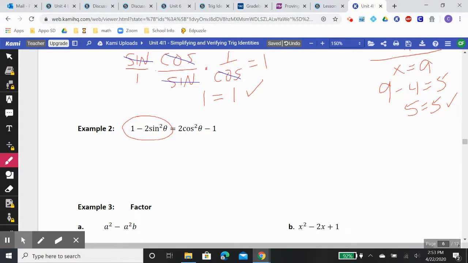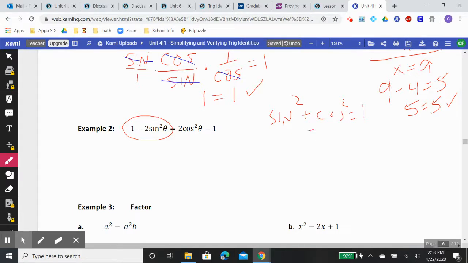So when I see my sine squared and cosine squared, I'm definitely thinking about my Pythagorean theorems. This comes from our main Pythagorean theorem of sine squared plus cosine squared equals 1. So my idea is I need to solve for cosine.